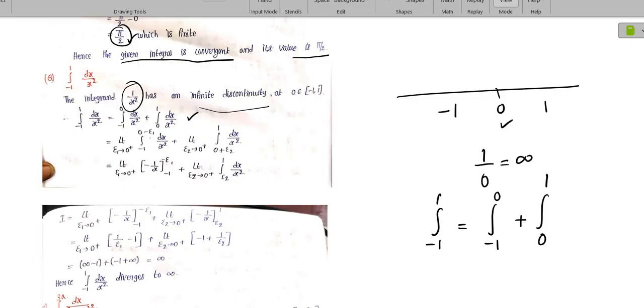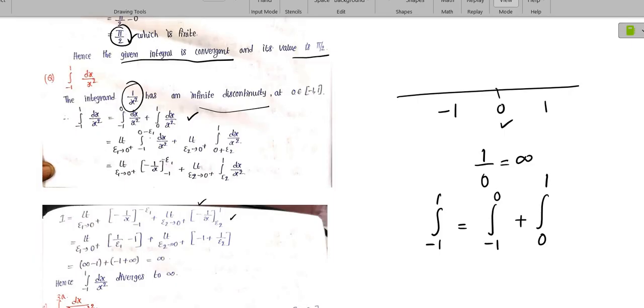If I have it at the lower limit, then I write 0 plus epsilon 2. We know that the integration of 1 by x² is minus 1 by x. The lower limit is −1, and the upper limit is 0 minus epsilon 1. Same integrand, so again the integration of 1 by x² is minus 1 by x, with upper limit 1 and lower limit epsilon 2.